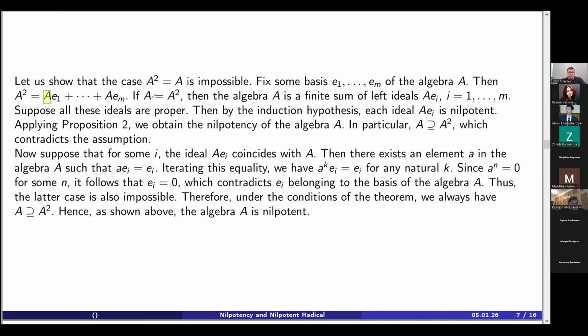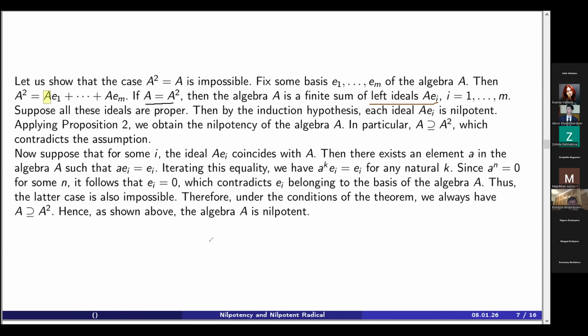If A is equal to A square, then the algebra A is a finite sum of left ideals A e_i. And suppose all these ideals are proper. Then why is this a left ideal?